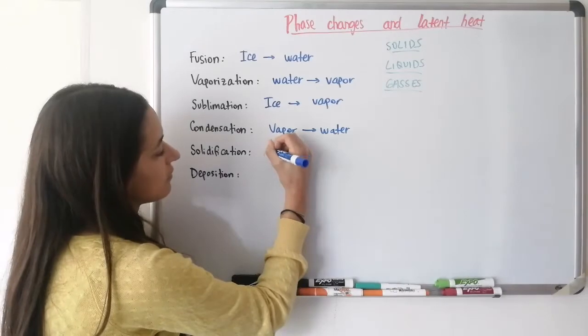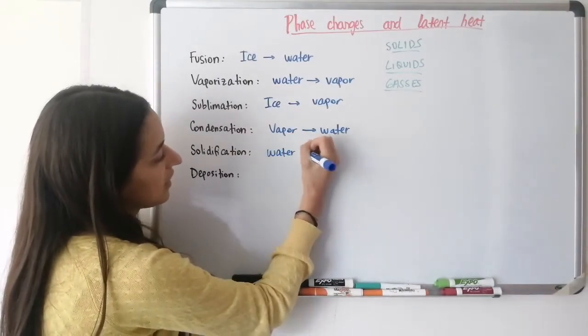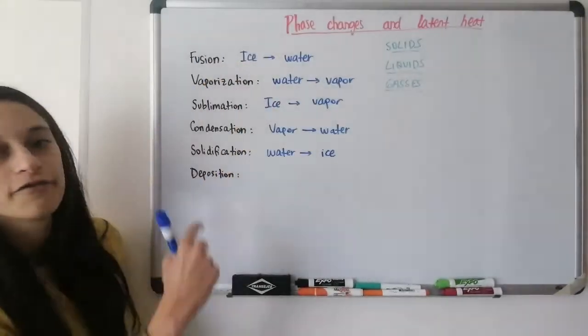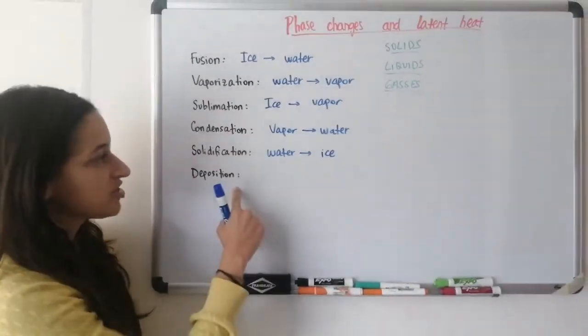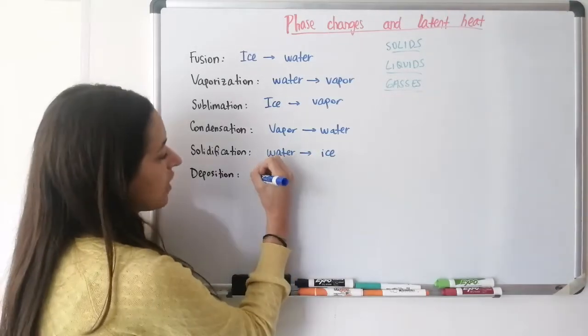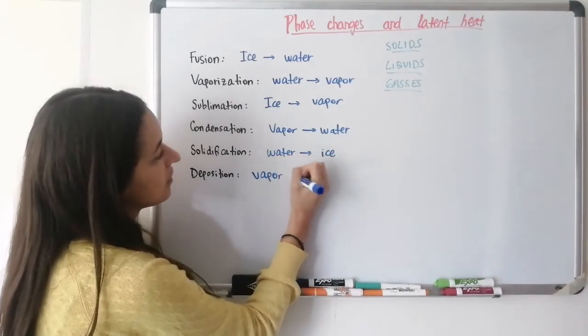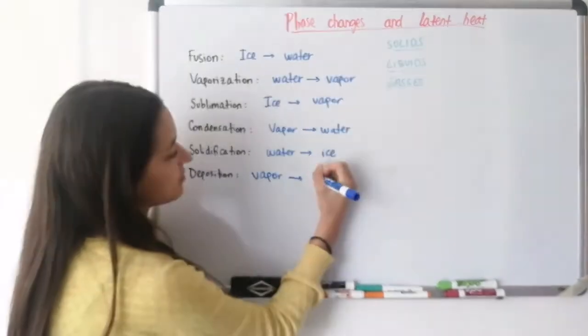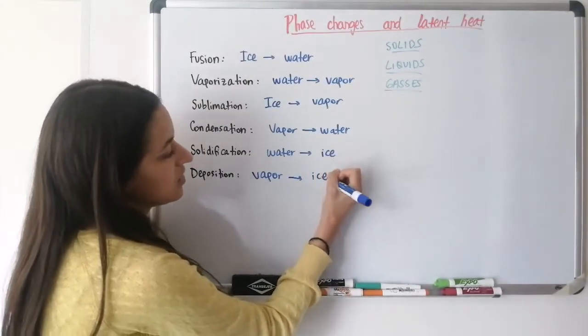Solidification is when you have water and you go to ice. So the opposite of fusion or melting. And deposition is when you skip water again and go directly from vapor to ice. So the opposite of sublimation. So from vapor to ice.